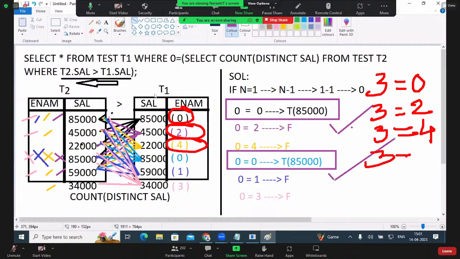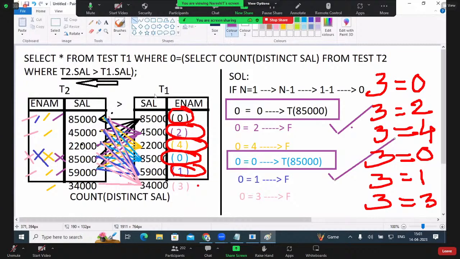Next count, 3 equals 0, false. Next count, 3 equals 1, false. Next count, 3 equals 3. Satisfied? Yes. At which value? 34,000. So 34,000, which highest salary? Fourth highest salary.